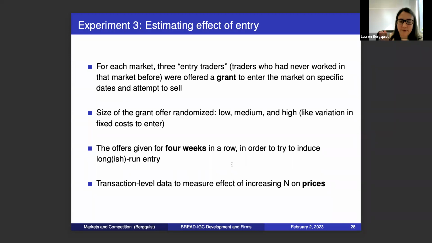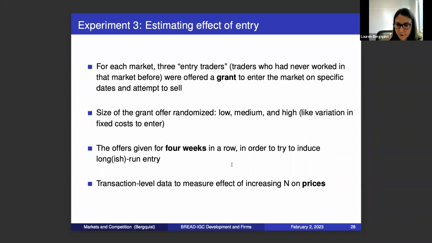The benefit of these 3 different entry offers is we're able to randomize the size of those grants into low, medium, high. That's basically variation in subsidizing their fixed cost of entry, right? It's a fixed grant. And that's going to allow us also to back out fixed costs, which is going to be quite important, once we get variable profits, for understanding what total profits look like.